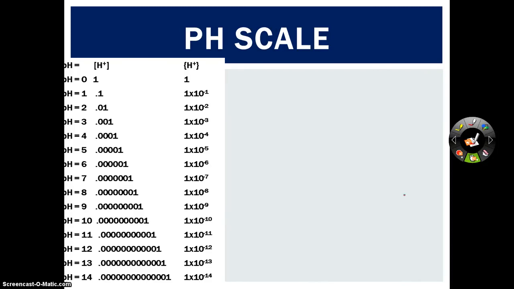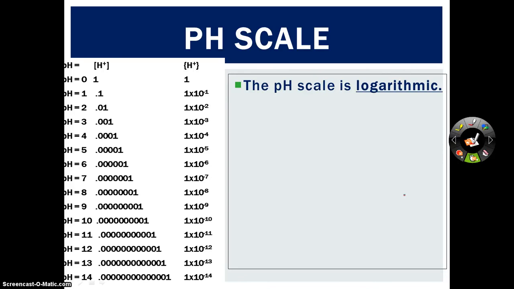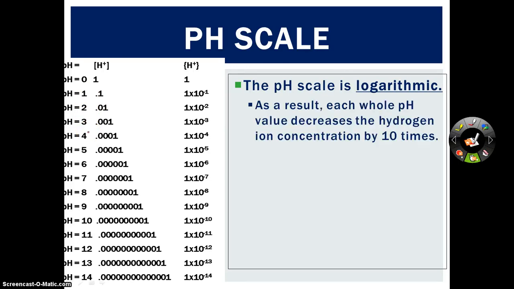So what does the scale mean? Well, the pH scale is what's called logarithmic. What it means is a whole pH value increase, so from 0 to 1, makes it 10 times smaller in concentration. Every whole number increase in pH value decreases the concentration by a factor of 10.